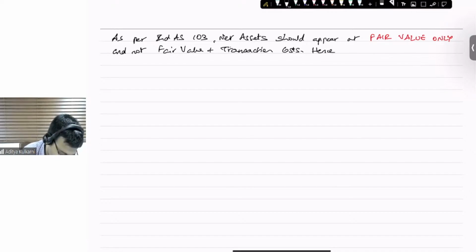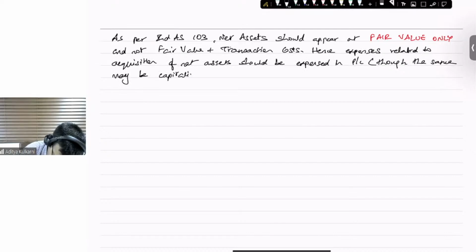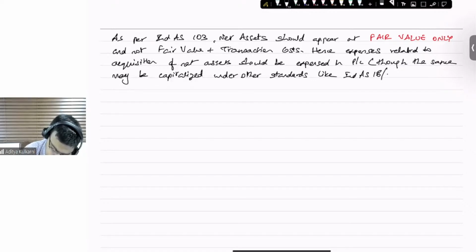Hence, expenses related to acquisition of net assets should be expensed in P&L, though the same may be capitalized under other standards like Ind AS 16, 38, 40, etc. Okay.